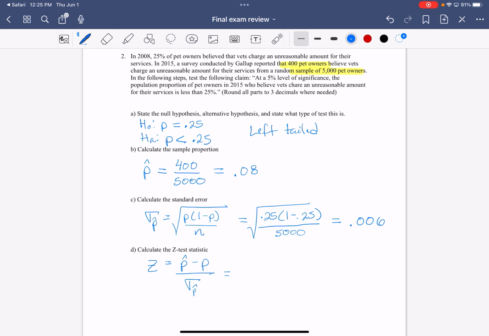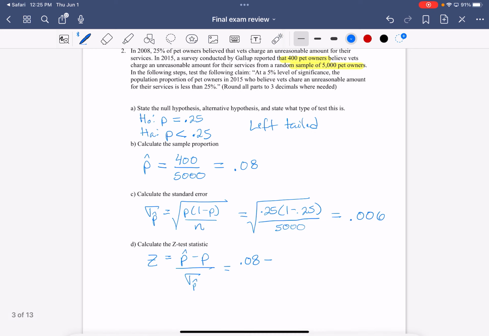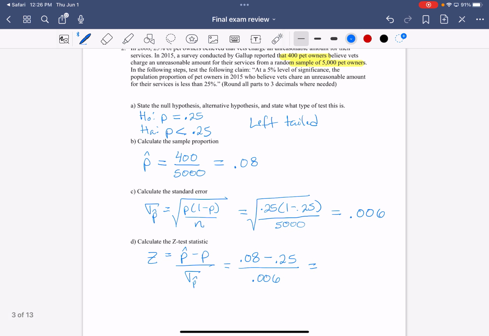P hat we calculated previously to be 0.08 minus p, that's what you stated originally in the null, 0.25, all over the standard error. We just found the standard error in the previous step, so divided by 0.006. Plug that into your calculators, and I'll give you negative 28.333.